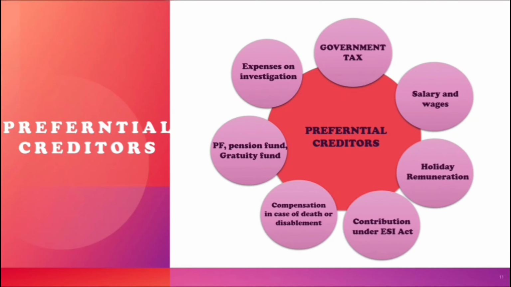Preferential creditors consist of various payments like any amount due to government in terms of taxes, any salary or wages due to the employees or laborers of the company, any amount due towards holiday remuneration, any amount due in terms of ESI payment, any amount due in terms of compensation in case of death or disablement, and any PF, pension fund or gratuity fund due from the company. These are considered as preferential creditors.